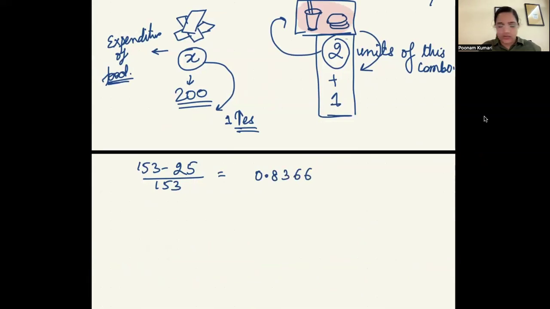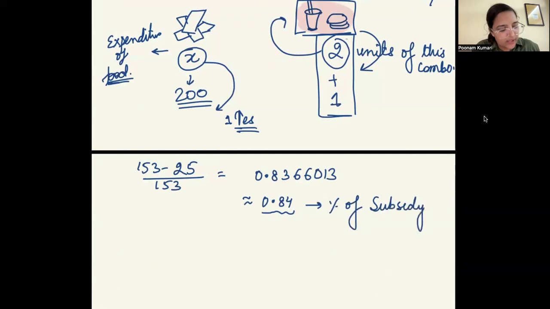Even if you try to approximate it, it'll come out to be 84, right? This is my percentage of subsidy.